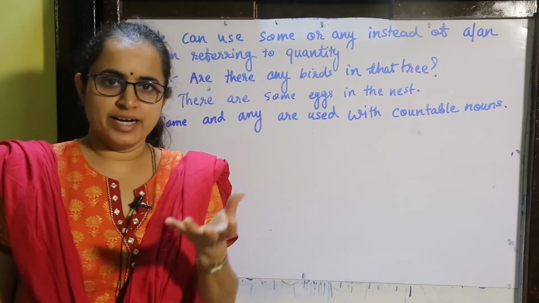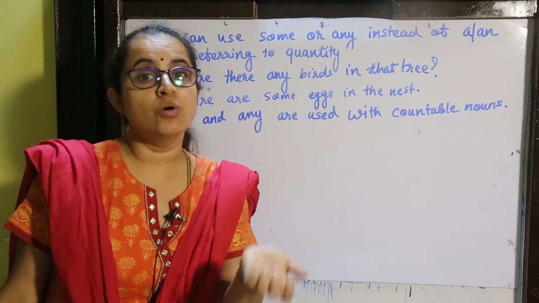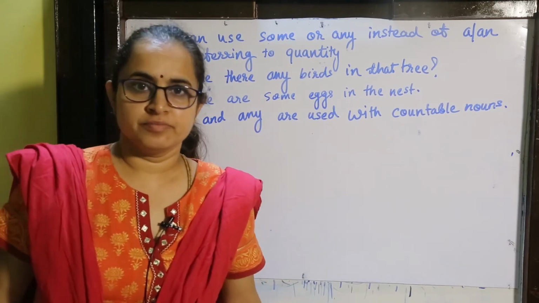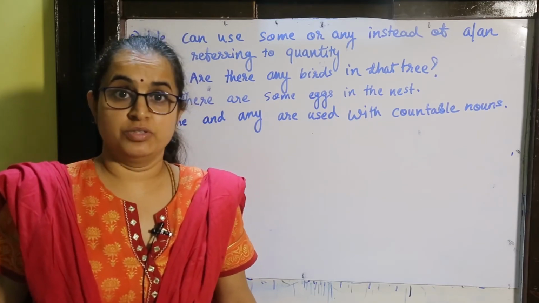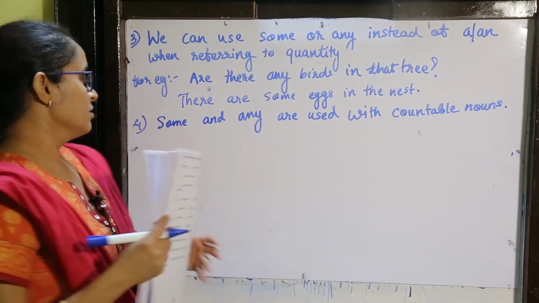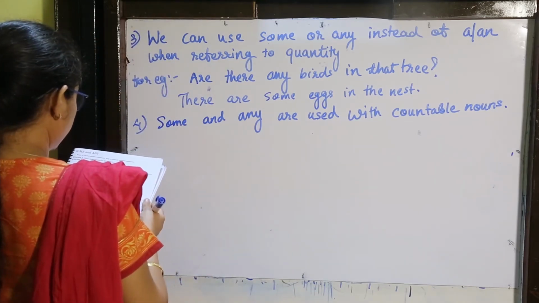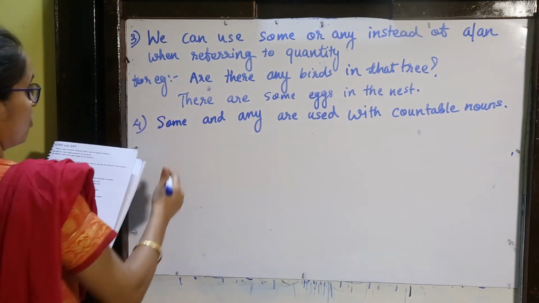Then chocolates, you can count 1 2 3 4. So they are the nouns which can be counted by hand. But if I say sugar, sugar cannot be counted 1 2 3 4. So here we will talk about countable nouns. Okay, so you can write like that. There are some letters for you.